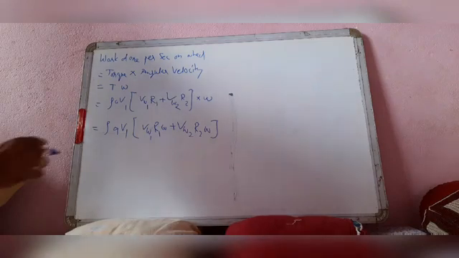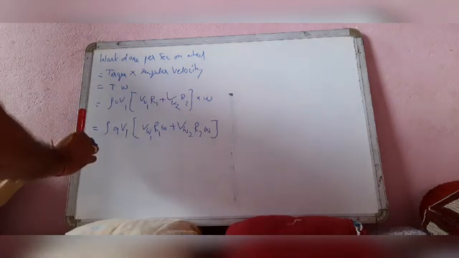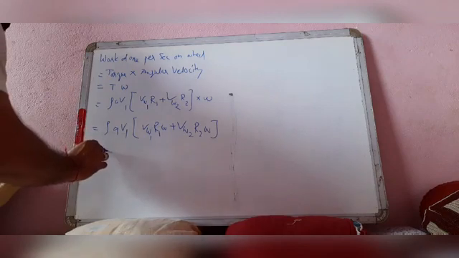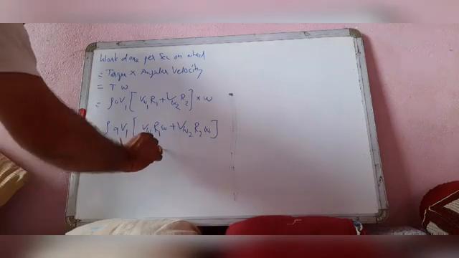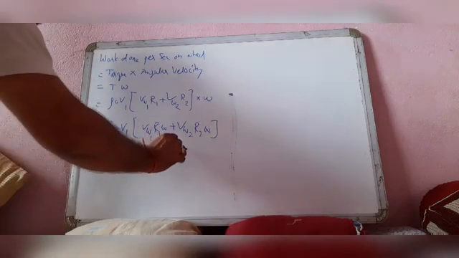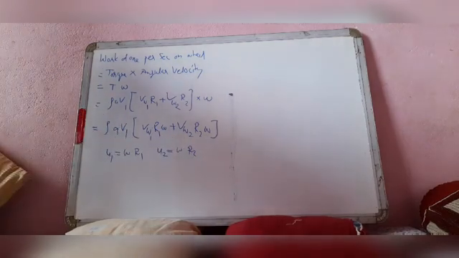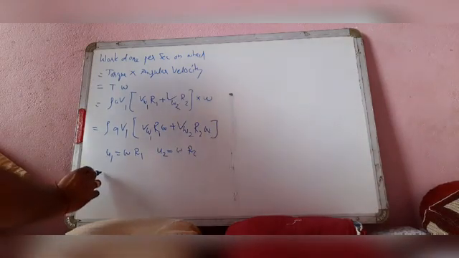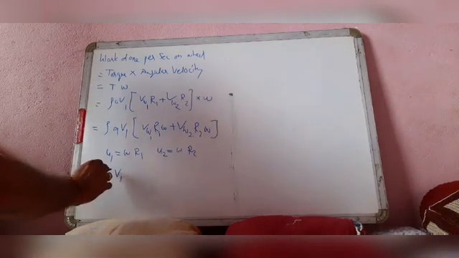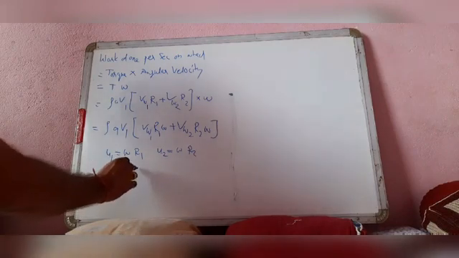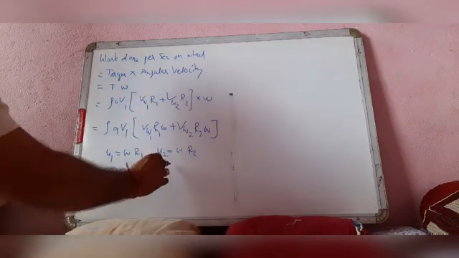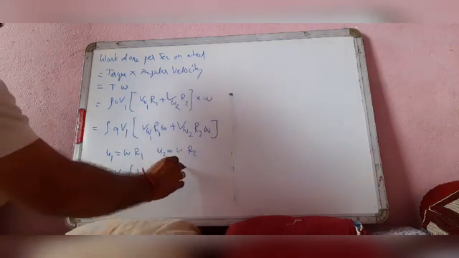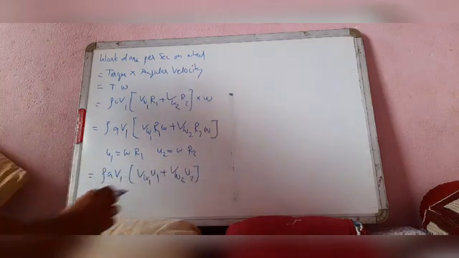But as we know, U1 equals omega R1 and U2 equals omega R2. Putting these values of U1 and U2 here, this is rho A V1 into (V W1 U1 plus V W2 U2).